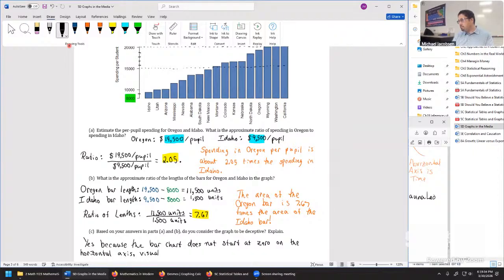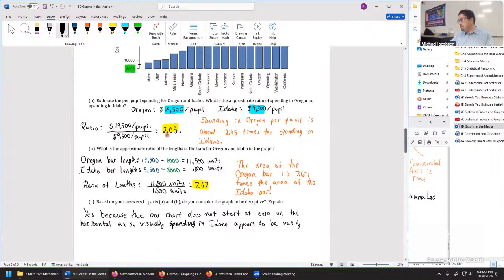Visually, spending in Idaho appears to be vastly less than it actually is.